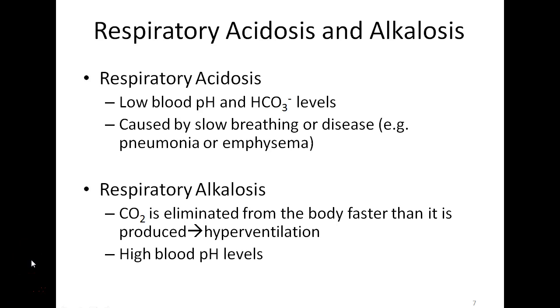As we speak about homeostatic imbalances, we might lead to two possible other ones, respiratory acidosis and respiratory alkalosis. Respiratory acidosis is in reference to a low blood pH and low bicarbonate levels. This could be the result of slow breathing or possibly a disease like pneumonia or emphysema.